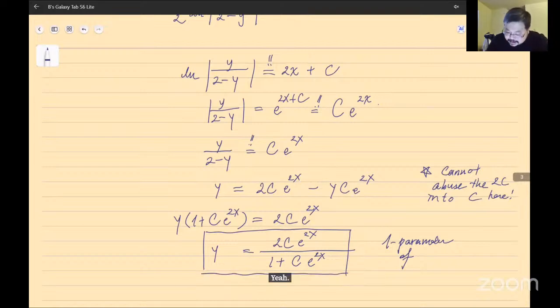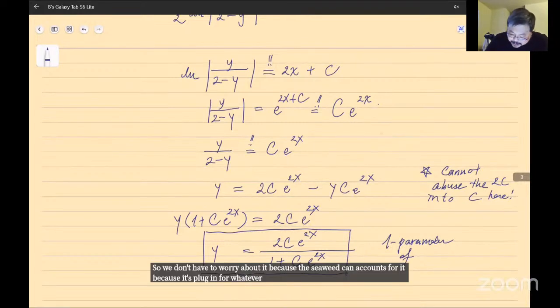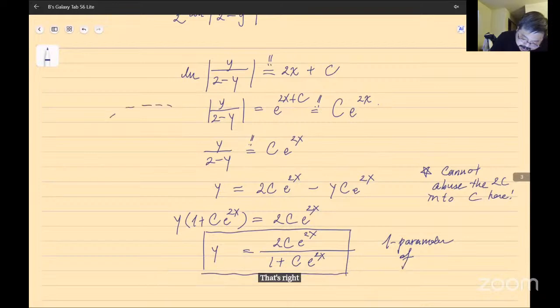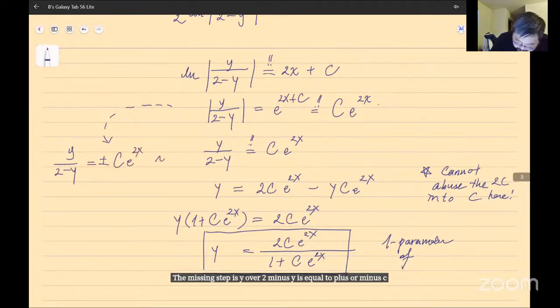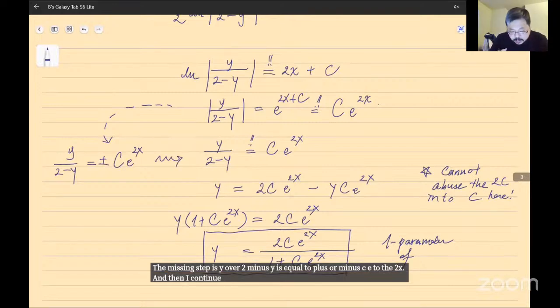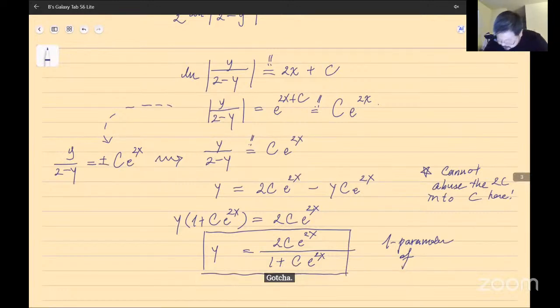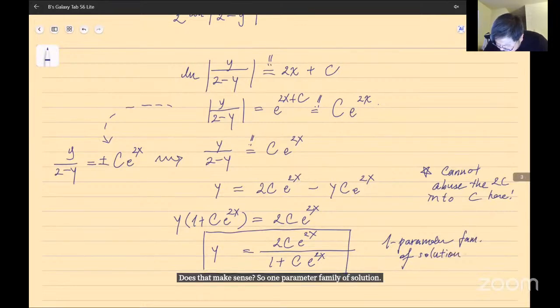So maybe I write down that missing step right here. The missing step is y over 2 minus y is equal to plus or minus c e to the 2x. And then I continue to absorb that plus or minus sign into that arbitrary constant c that we don't know. Does that make sense? So this is a one parameter family of solutions.